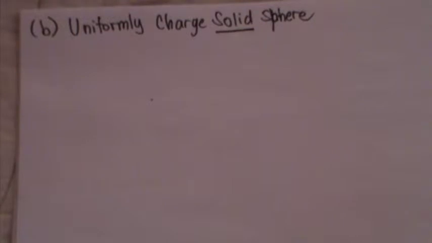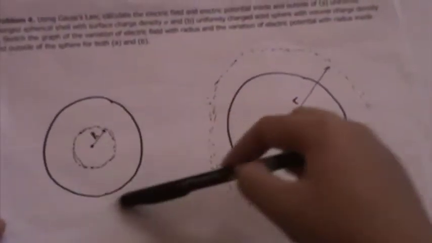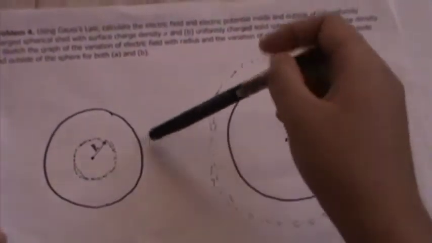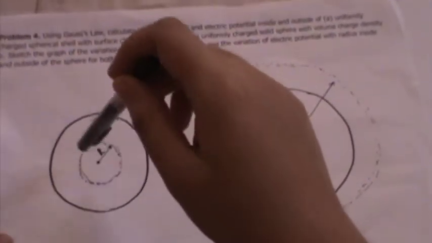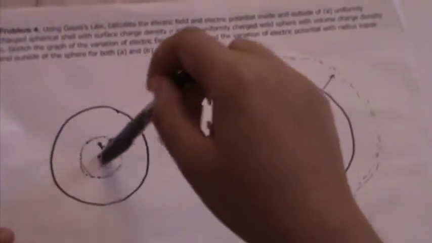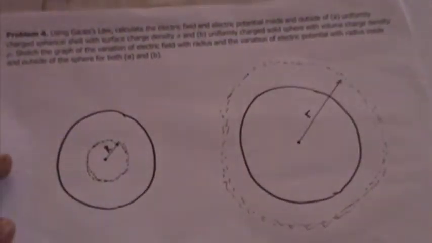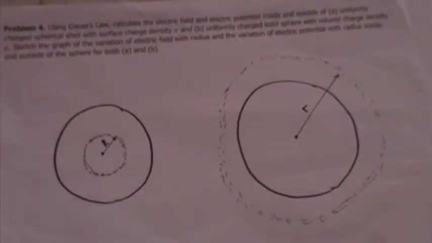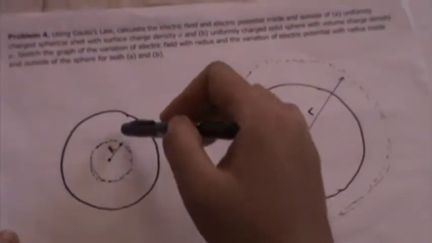If we try to charge the solid sphere, the inside of this sphere will be affected. It will also become charged. Therefore, the inside of this sphere is charged, so we will have a value, even though you don't have any cavity here.